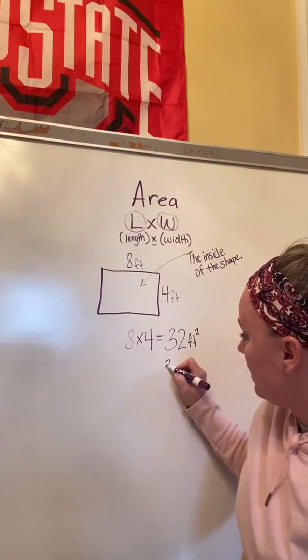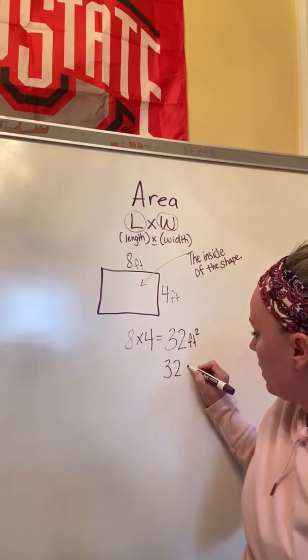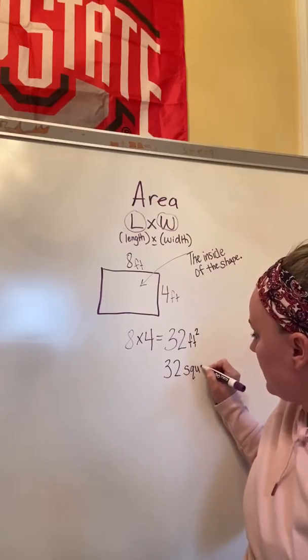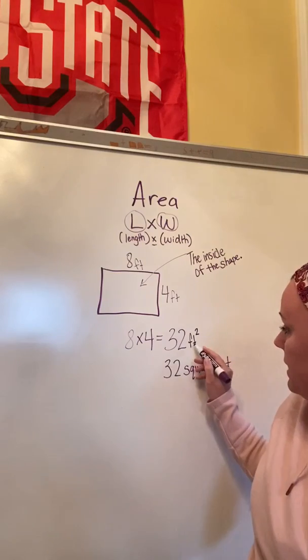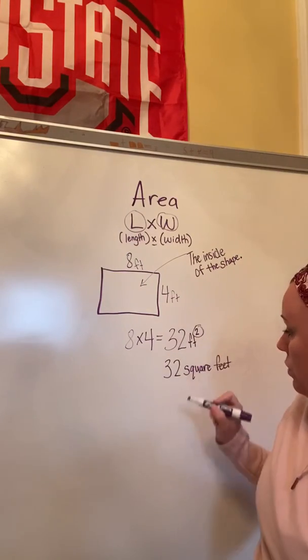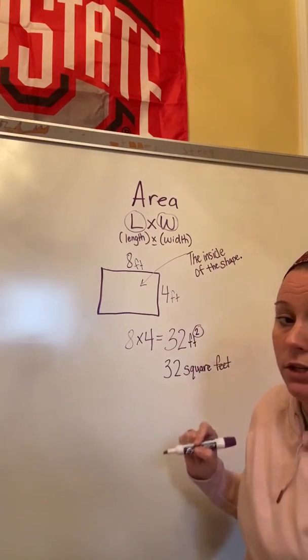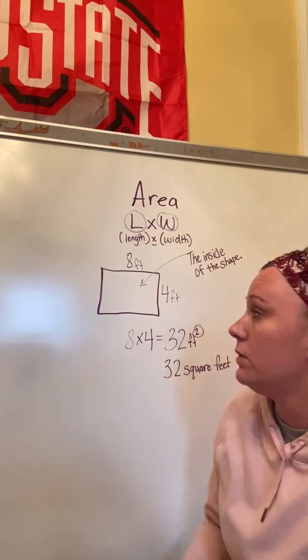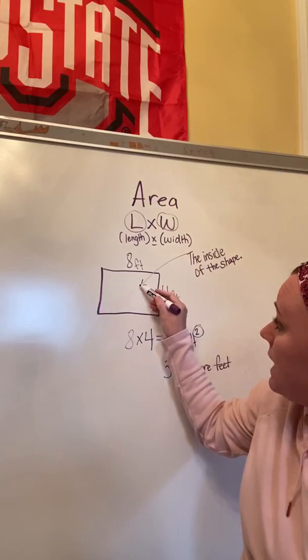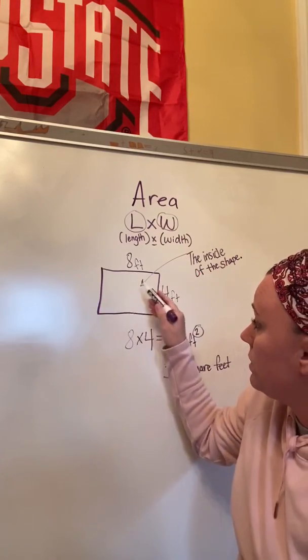And your answer may even look like this. Instead of the symbol of the 2, you may have square feet, 32 square feet. That may be what your answer option looks like as well. So again, the inside of the shape is called the area.